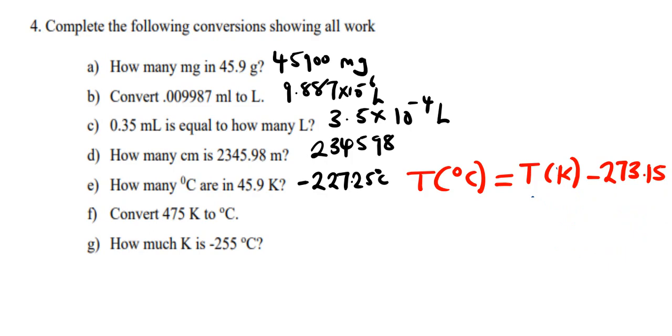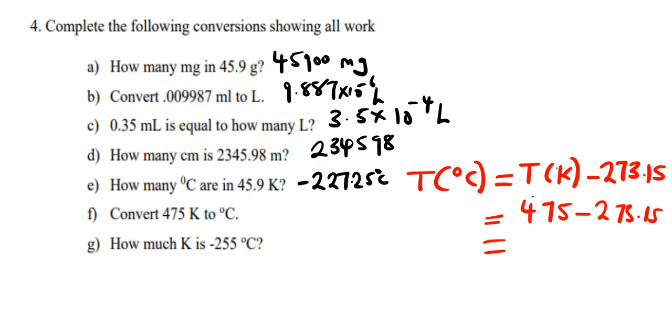Okay, allow me to rub this. We've got F there. Convert 475 kelvins to degrees Celsius. It is not very much different from the previous one, so we're just going to use the same formula. We've been given a temperature in Kelvin: 475 kelvins minus 273.15.